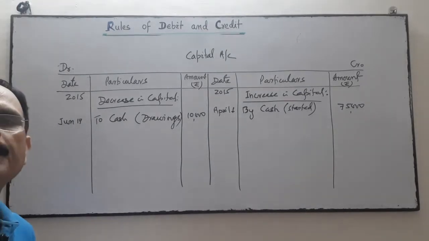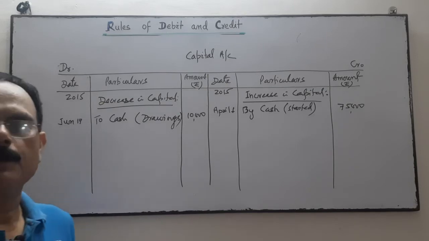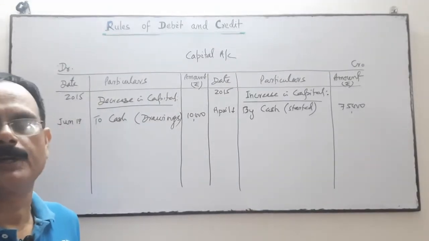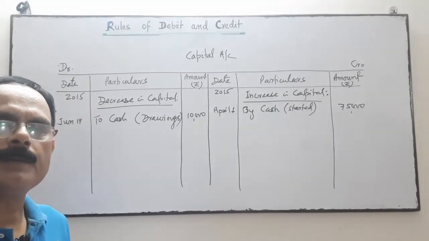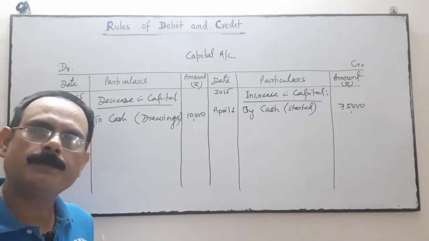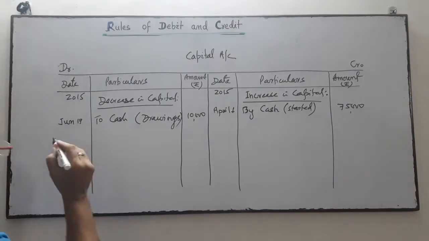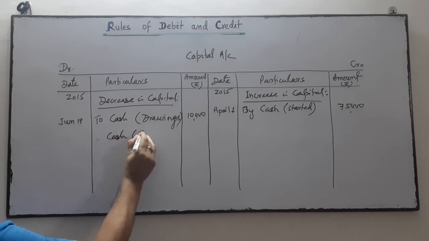Life insurance premium paid. The life insurance premium is the proprietor's premium, not the business insurance premium. So if the proprietor's life insurance premium is paid through the business, it means the proprietor has withdrawn the money from the business for personal use. So this is also a drawing. To cash, LIC premium.